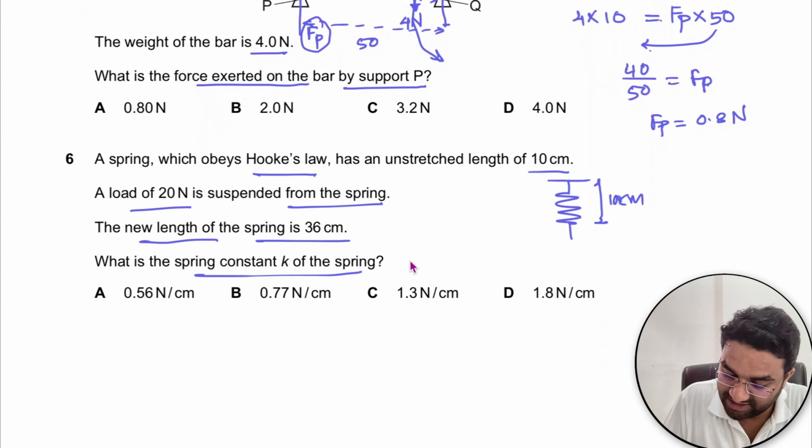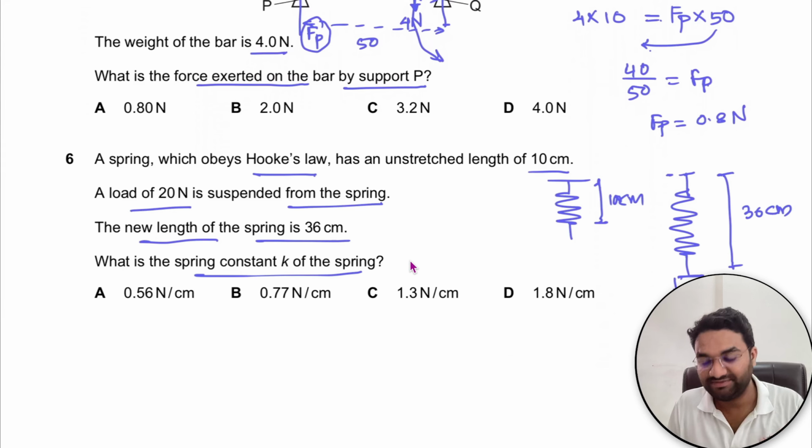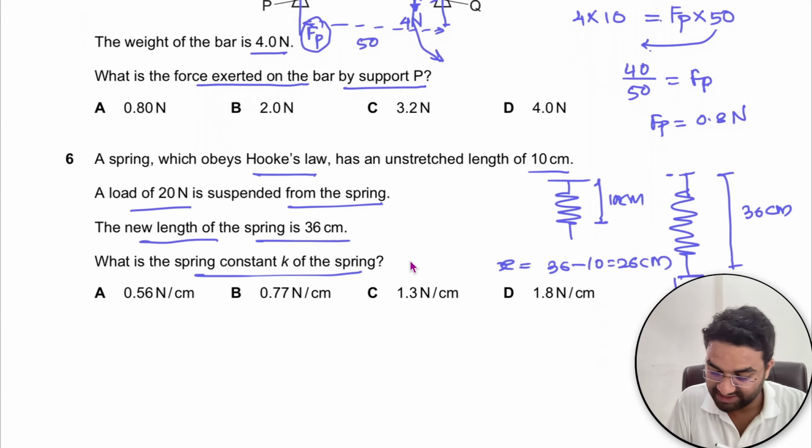When you put a weight of 20 Newton, the spring is stretched and it becomes 36 centimeter. Now the extension X is equal to 36 minus 10, which is 26 centimeter.